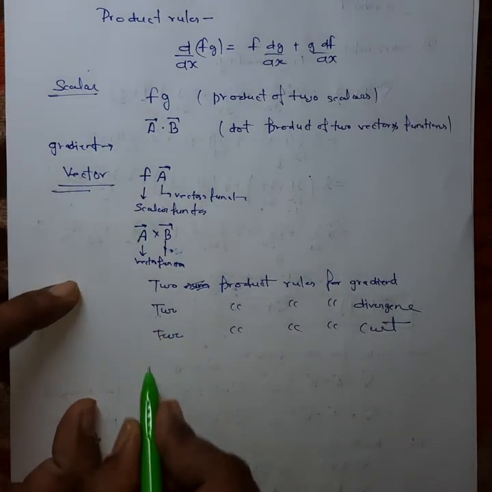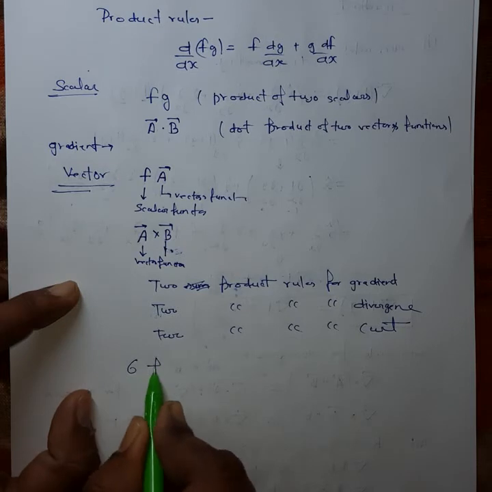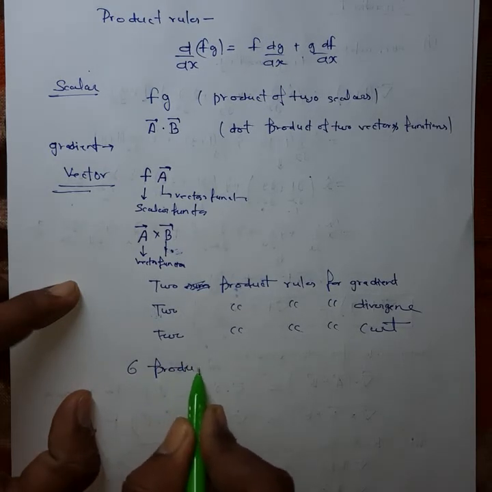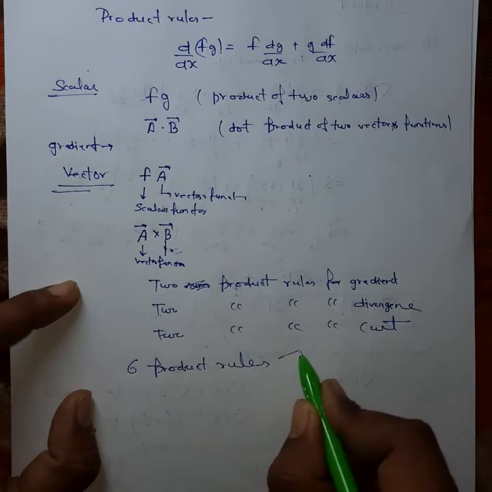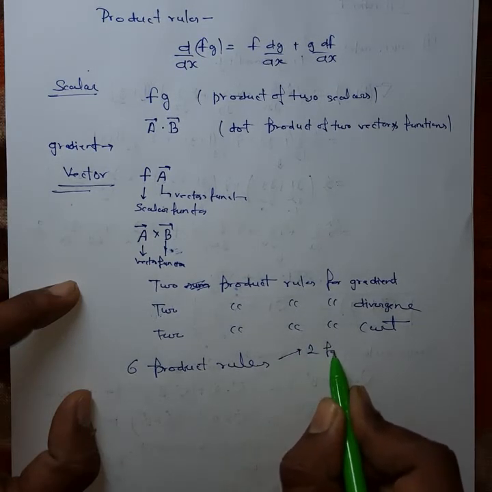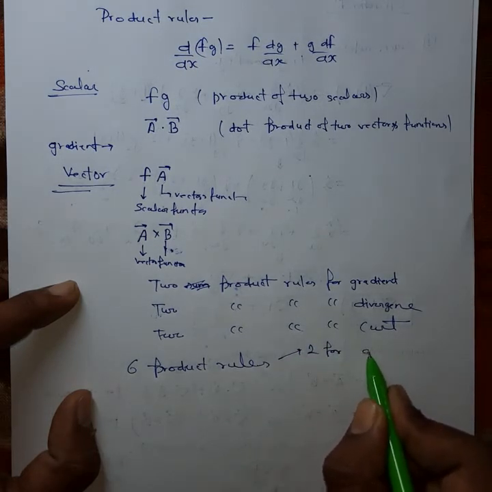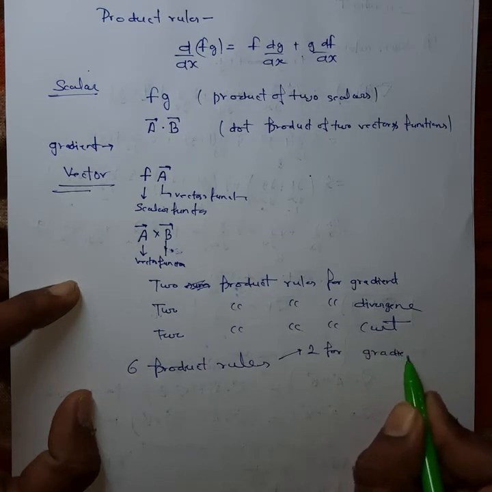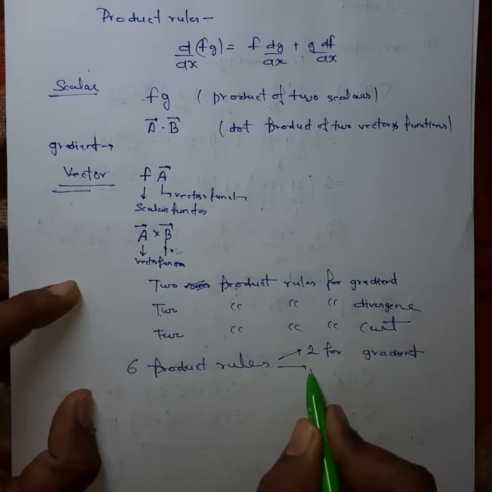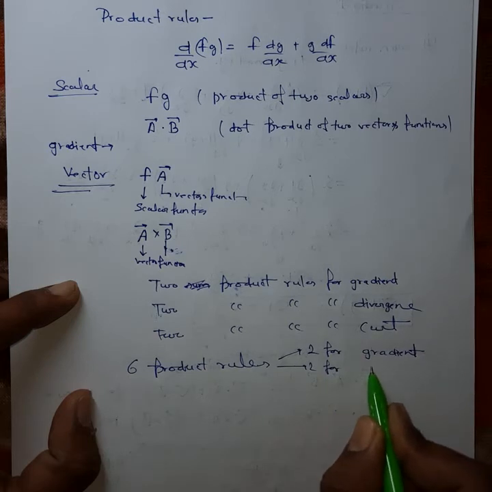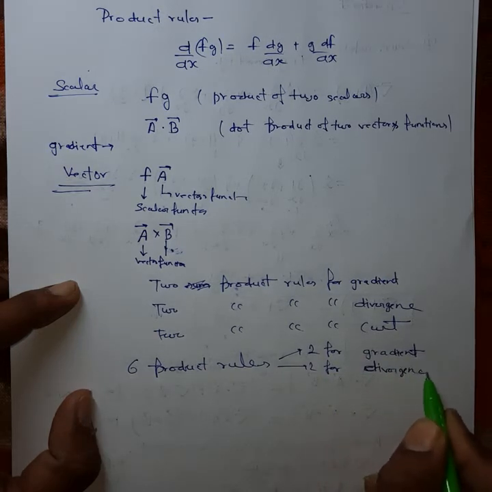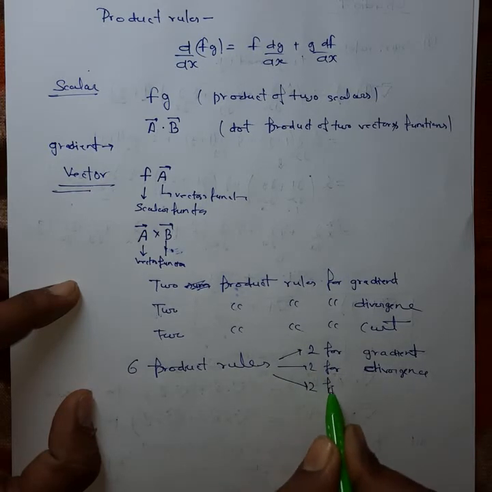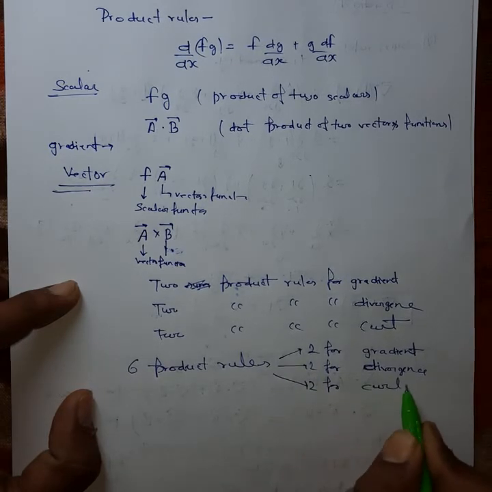So accordingly, there are six product rules: 2 for gradient, 2 for divergence, and 2 for curl.